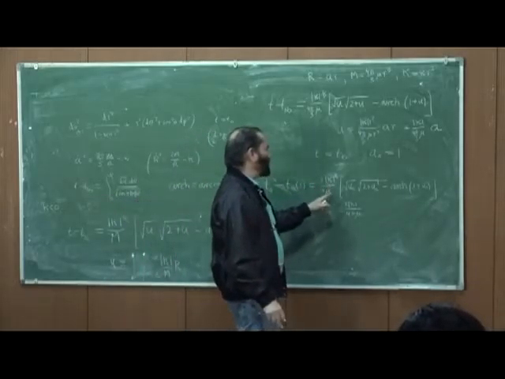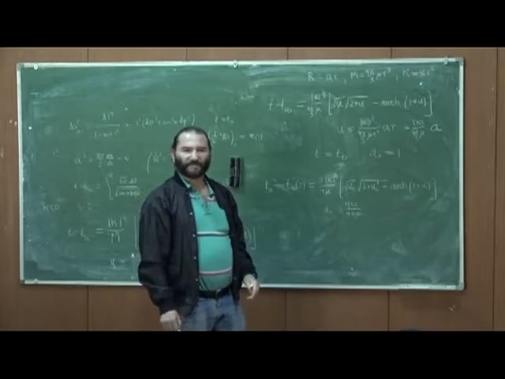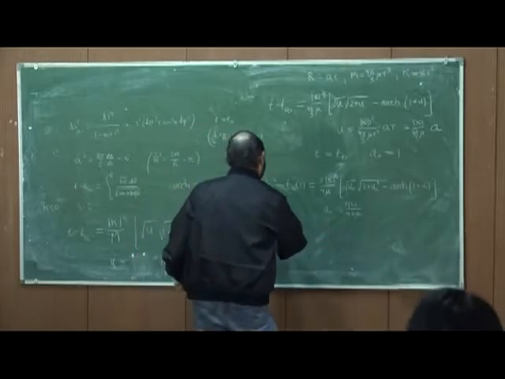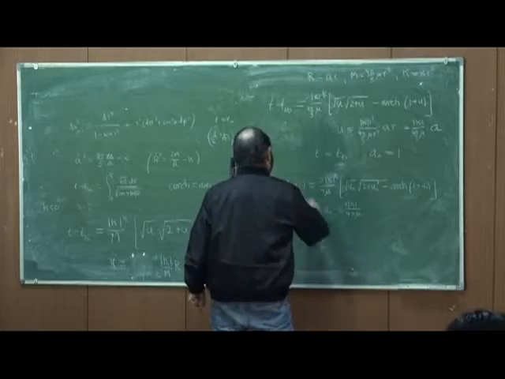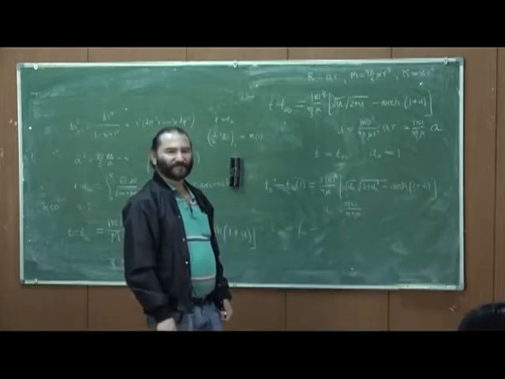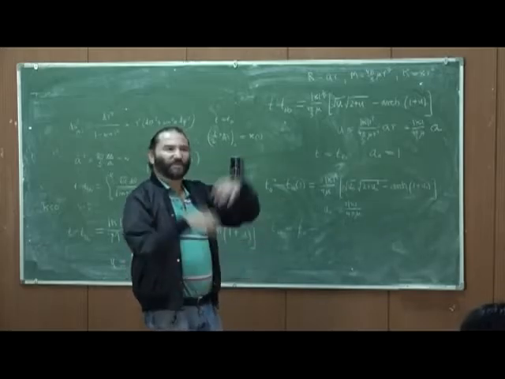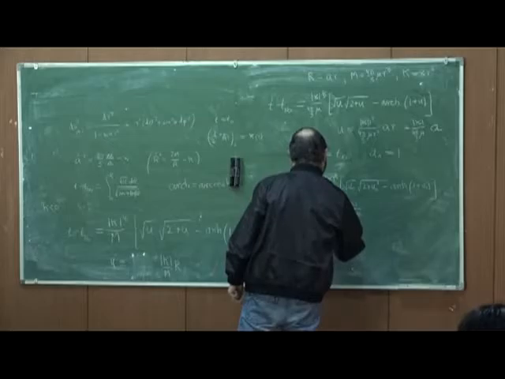Once we have chosen kappa and mu, this is all determined. So we can write Big Bang time equals t0 minus all this.